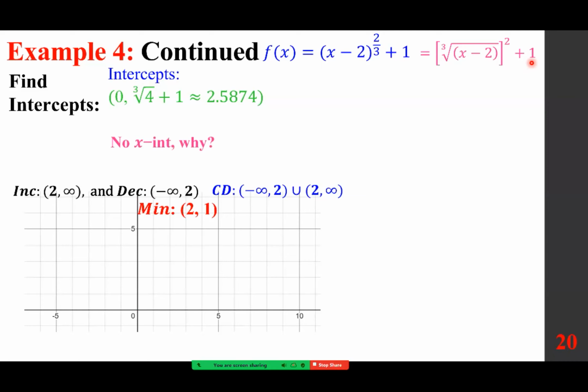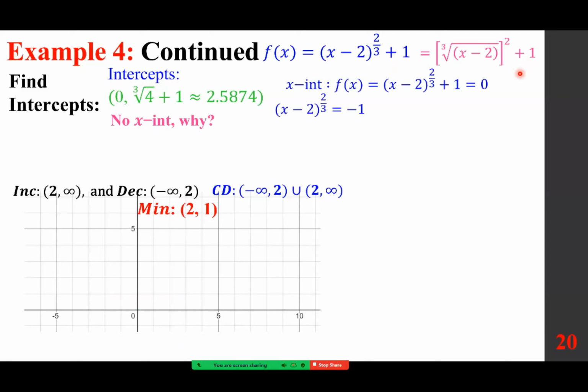There is no x-intercept. Why is that? Because you have to set this one equal to 0 and solve. So let's set this one equal to 0 and solve. Let's see why this is the case. Move the 1, becomes -1. Now, remember the index is the denominator. That's why anytime you have a case like that, your first step from here on is to raise it to the power of the denominator.